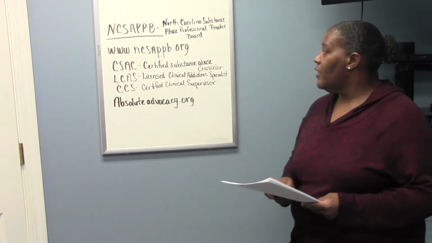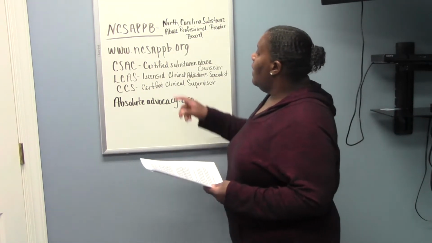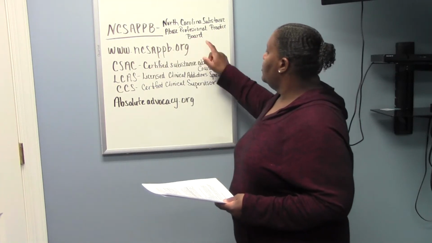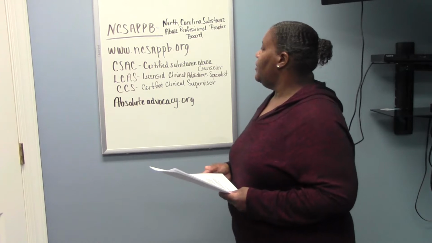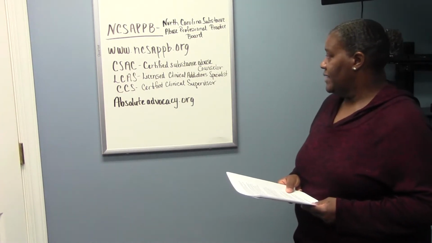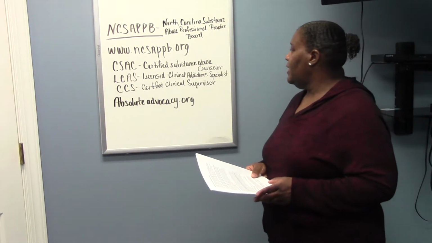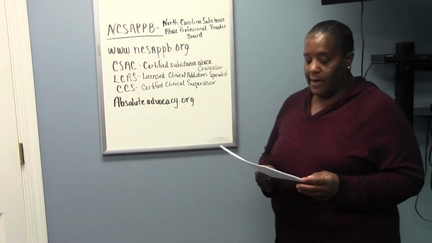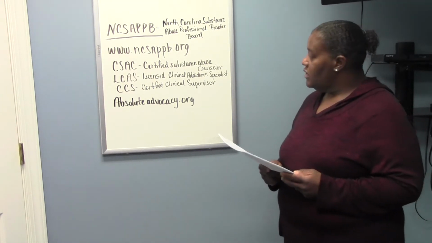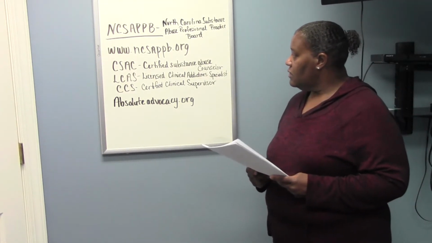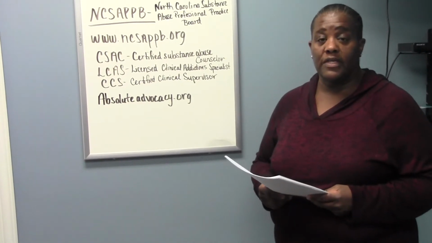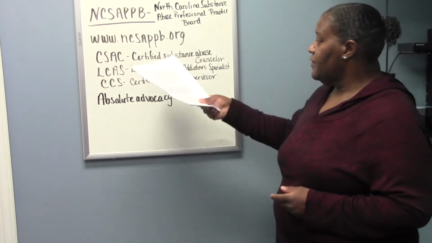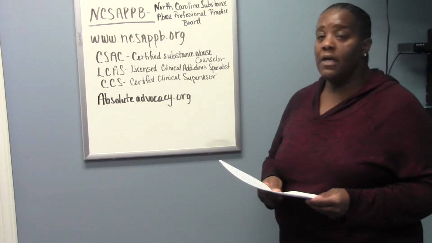So first I'll start with what I have here, again, it's the North Carolina Substance Abuse Professional Practice Board, and their website is at NCSAPPB.org. So what you will need to do first of all is take a look at their website. It has tons of valuable information as it relates to all of the different certifications that you can obtain.